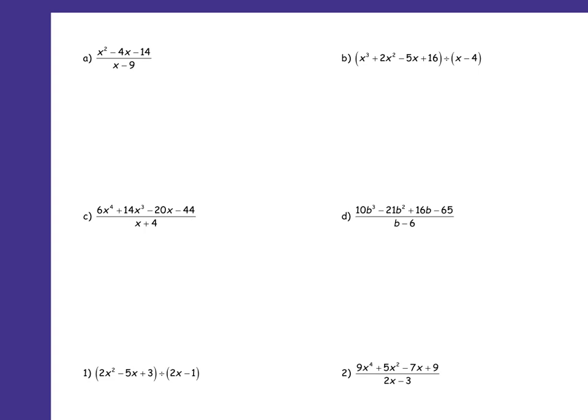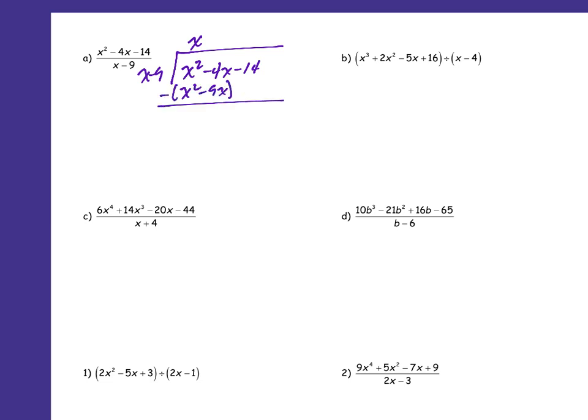For question A, I'm going to go over it right now. I usually do the squared ones with long division, because it's just really short and easy. So I've got x squared minus 4x minus 14 divided by x minus 9, right? So that's going to be x. And then I get x squared minus 9x.